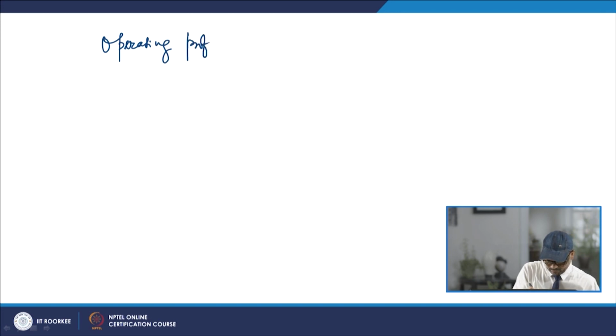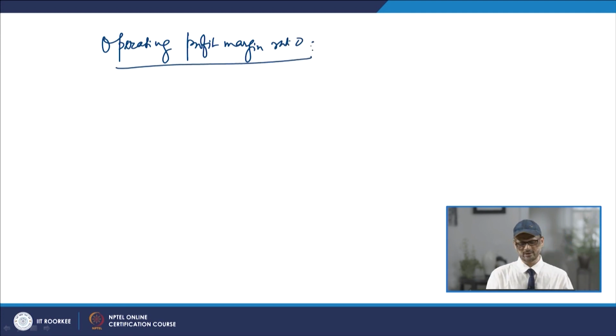So, operating profit margin ratio will be defined as the ratio where you are not taking the gross profit, but the operating income to net sales. This is also represented by OPMR.